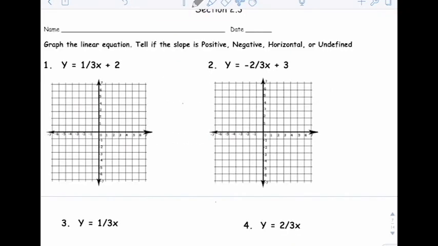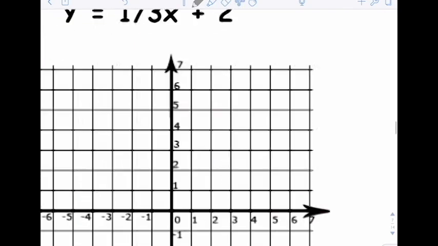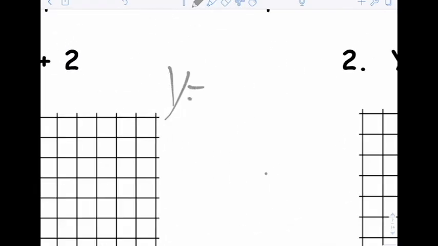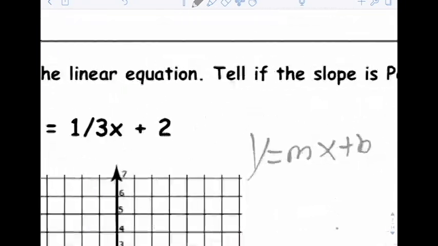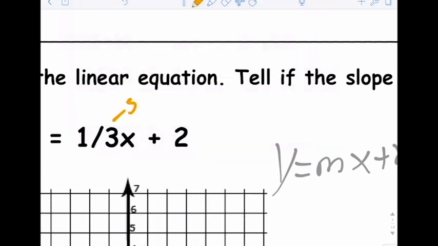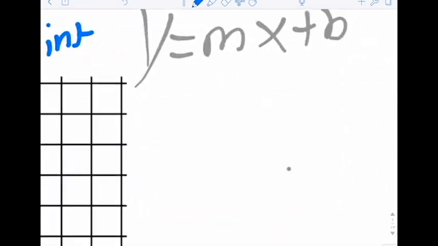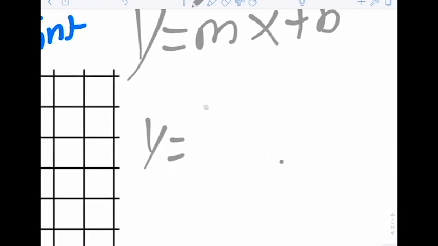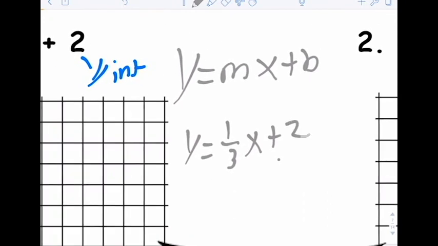Let's go ahead and do the first problem, and for the first step, we'd write down the formula y equals mx plus b. Now they already give you the slope and the y-intercept, so we can go ahead and plug that in right here. All right.